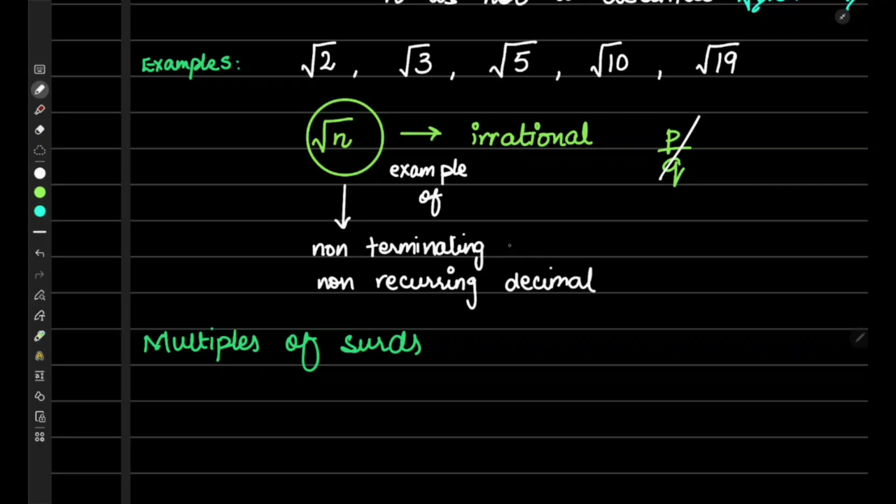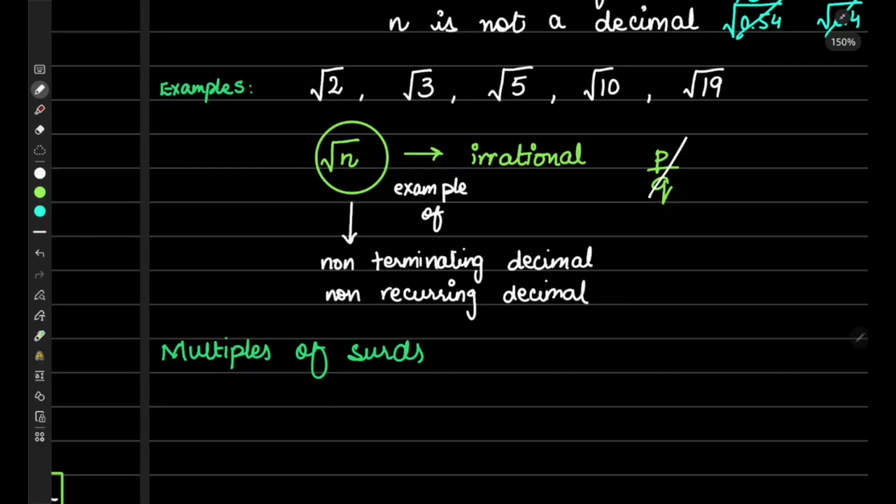When you solve any surd, you should be getting a decimal that is non-terminating and non-recurring. So it is an example of an irrational number.